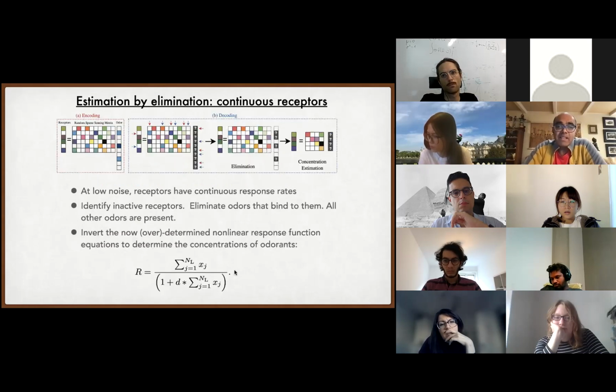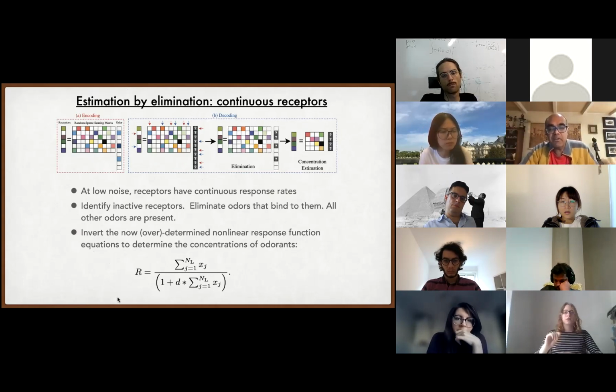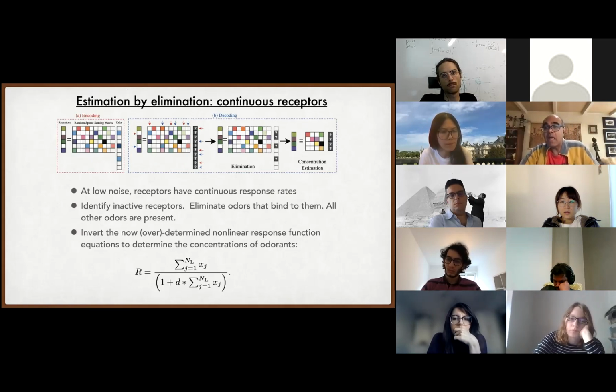You can extend this to include more continuous sensing matrices. In other words, it's not just high or low, or zeros and ones. It's a more continuous thing. And you can use this competitive binding model as your response model. And you can show that basically you can use this elimination method to eliminate many, many odorants that are absent, and then decode the actual concentrations that are present.